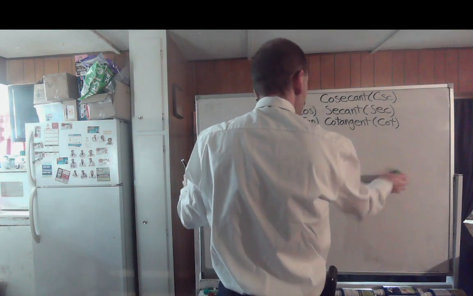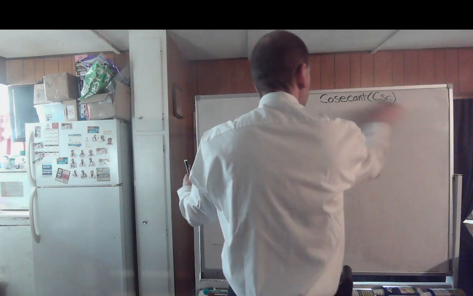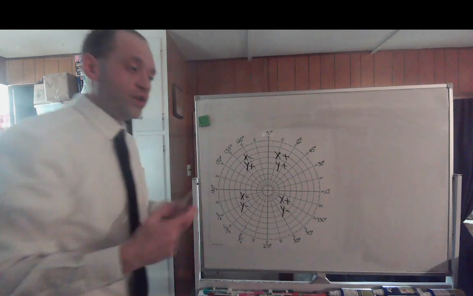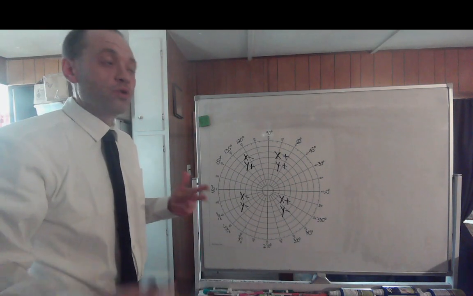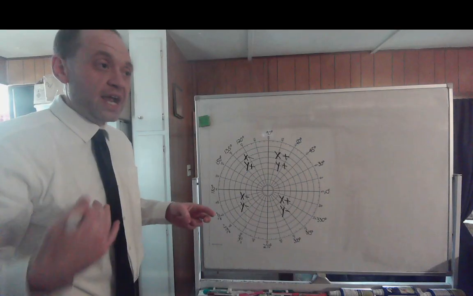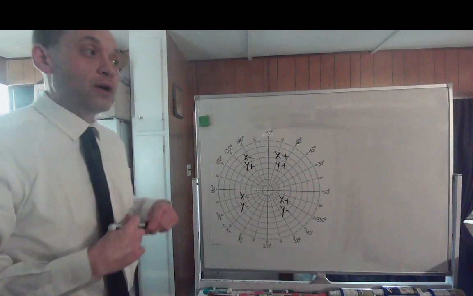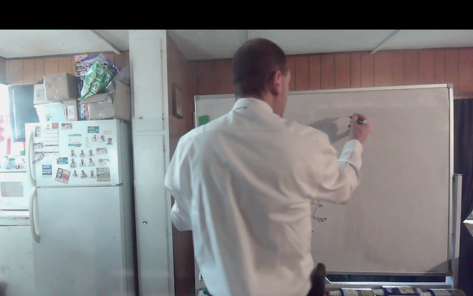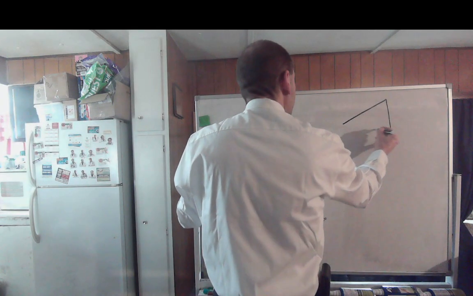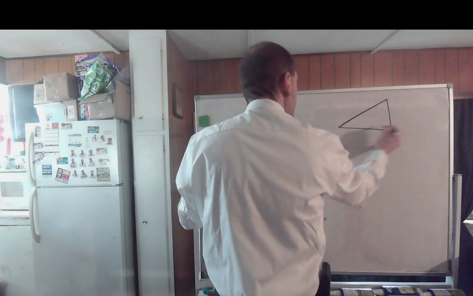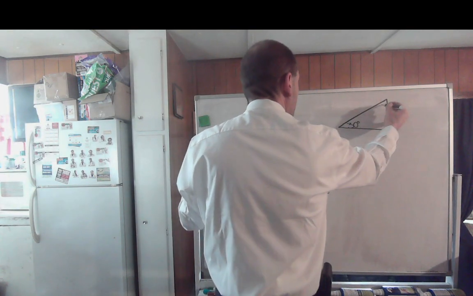Now, I'm about to bring back something that, if you haven't had trig in the previous course, if you didn't take it with me or if you didn't have previous exposure, then it's probably been a while since you've seen our two special triangles. You have the 45, 45, 90 right triangle.